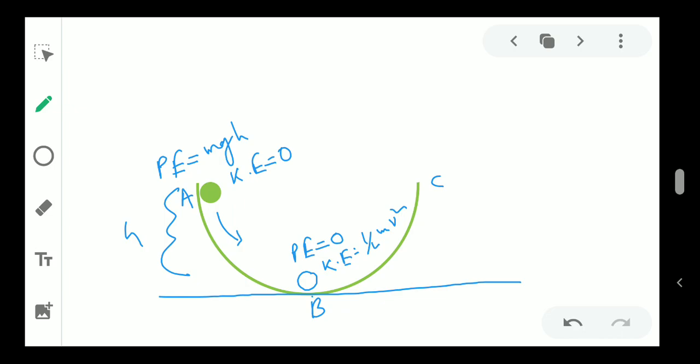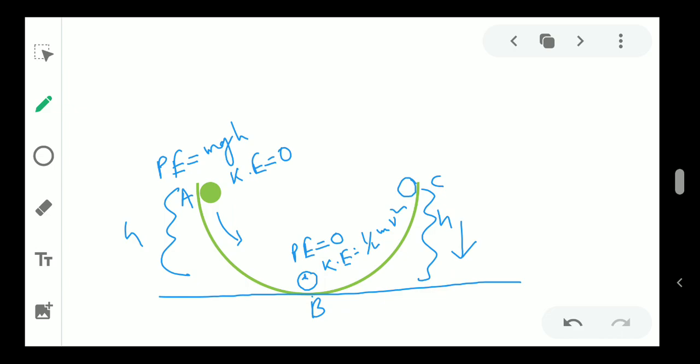But because of inertia, the motional inertia, it will not stop here. Rather, it will go till point C again, where the velocity will be zero because it is going against gravity, and it will reach the same height.